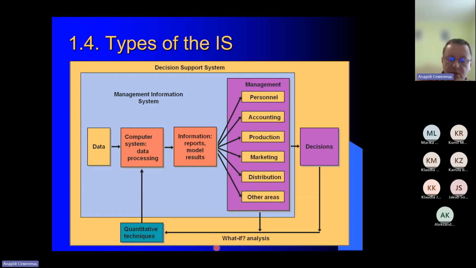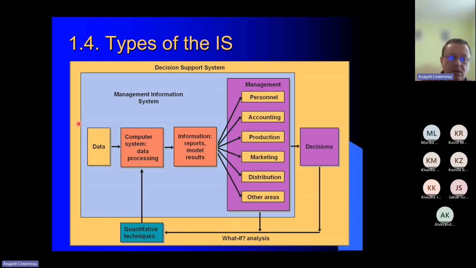in turn could be the object of what-if analysis: what would happen if we make this decision. And in applying it, we get possibilities for quantitative analysis techniques, and then refine our decision-making process again and again.